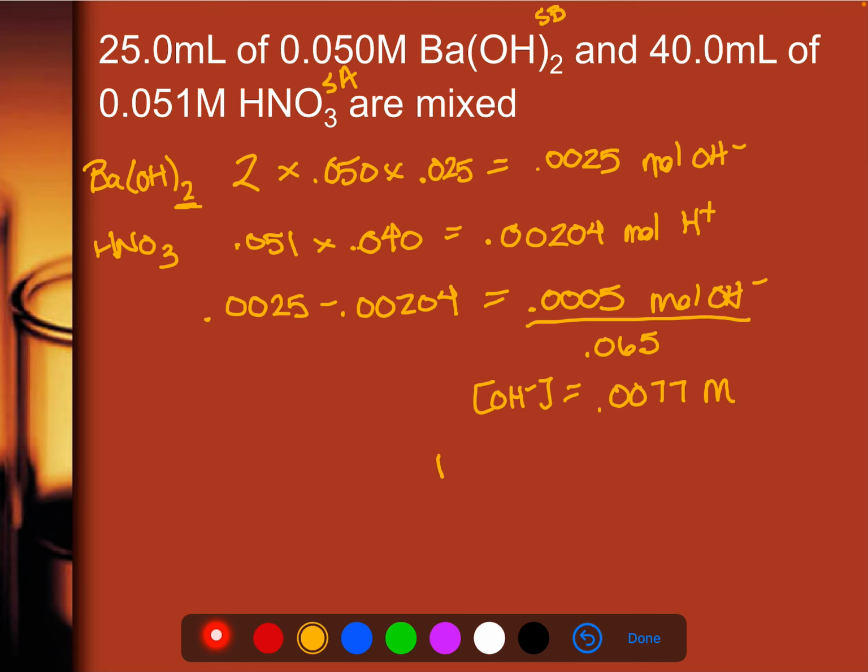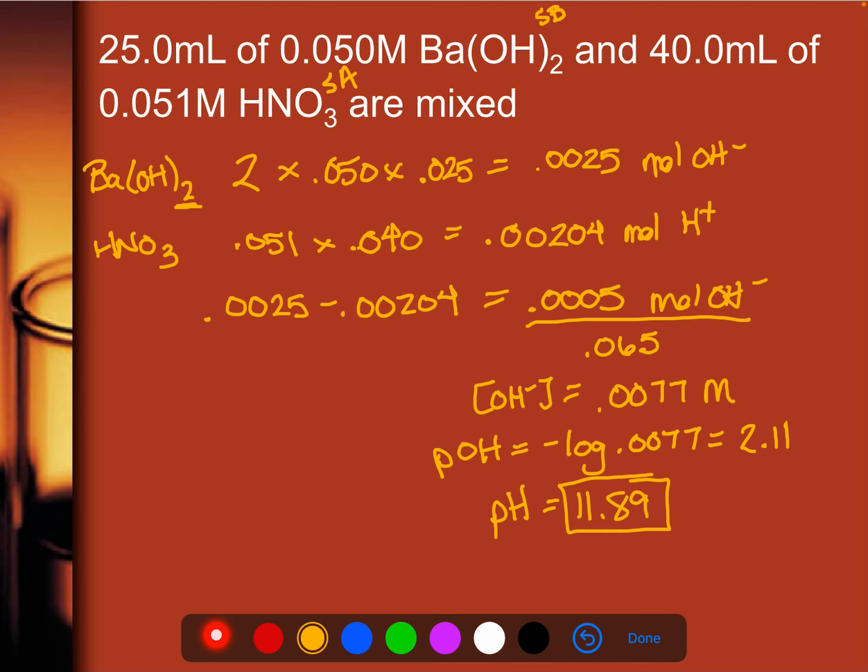So that can plug into pOH. So our pOH value is 2.11. But if we're looking for pH, subtract from 14, and that will be 11.89. So remember, that is a basic pH value that is higher than 7.